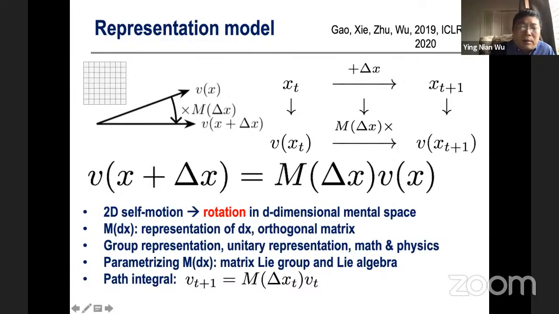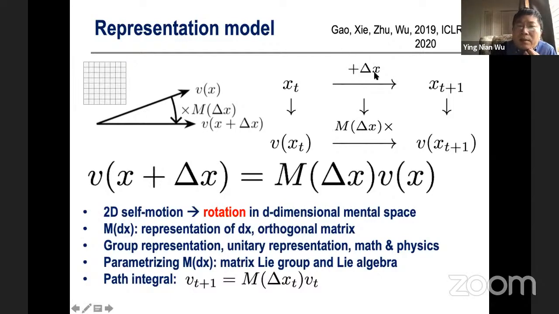Or in other words, the 2D self-motion is represented by a rotation in the d-dimensional mental space. And here we call this matrix M a matrix representation of delta x, and often we use an orthogonal matrix, and this is related to the mathematical subject called group representation.